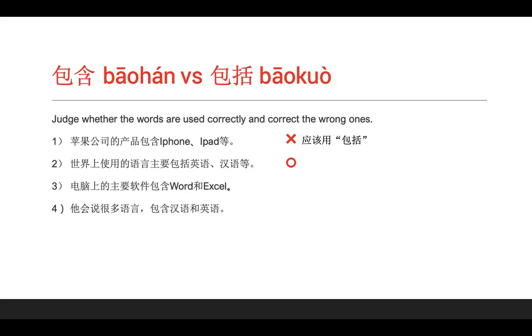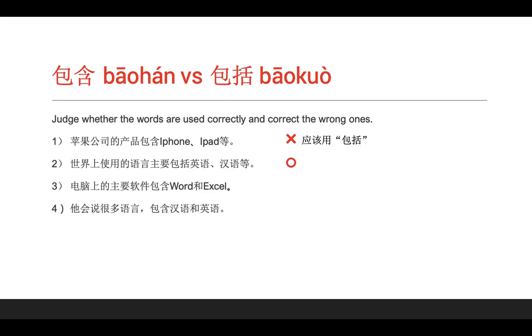Yes, this is correct because English and Chinese are both languages that we are still speaking and using. So they are components of the previous part, which is 世界上使用的语言. So we are going to use 包括 in this case.